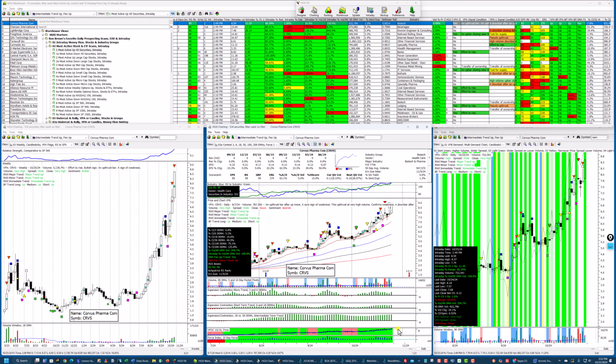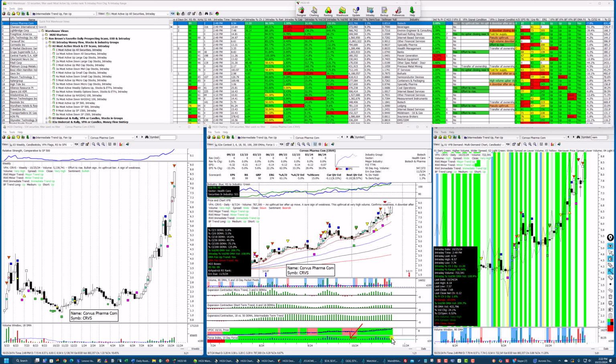And then in these other windows, this is the volume point of control. Crossover from rose to green. And this is the 10-day force index, which corresponds to the 10-day volume point of control. So you can see on the volume point of control, there are some pullbacks.